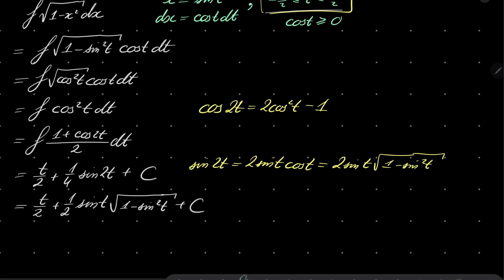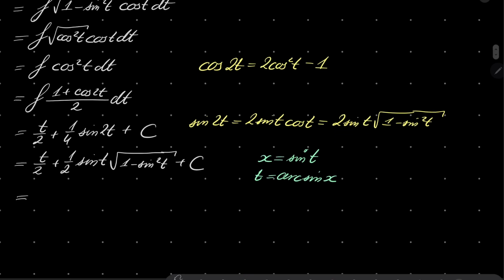And now let's go back to our x world. Recall that x equals sine of t. That means that t equals arcsine of x. So this indefinite integral is 1/2 arc sine of x plus x square root of 1 minus x squared.